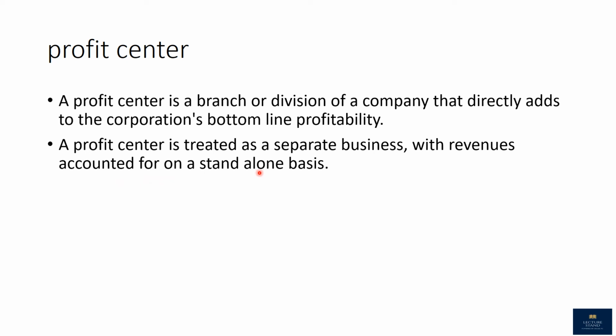Example, Walmart. We know Walmart is a retail shop, a bigger retail shop. In Walmart, different departments selling different products could be divided into profit centers for analysis. For example, there may be a clothing department. That clothing department could be considered as one profit center because it sells clothing related products and makes profit.